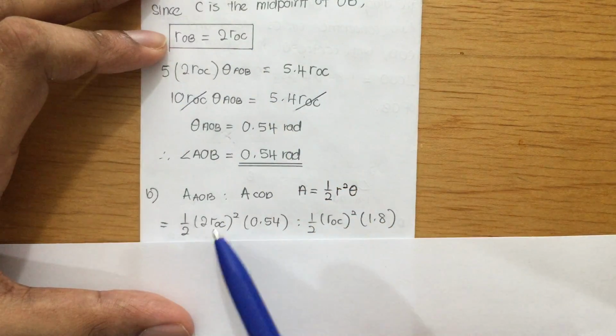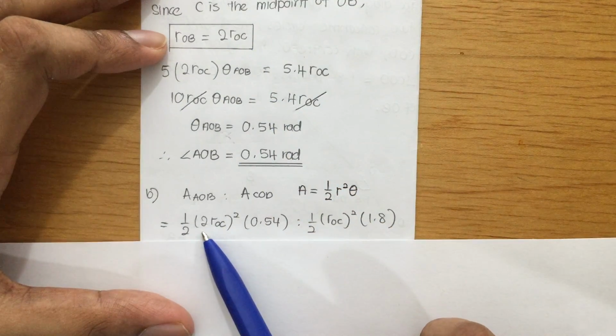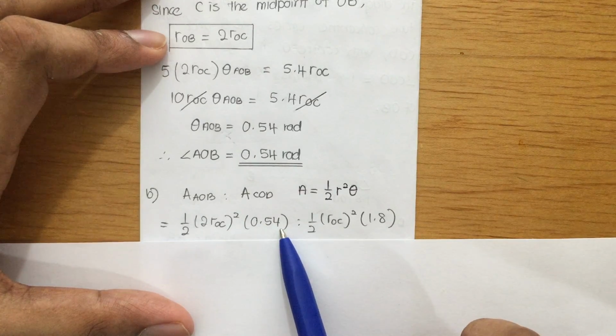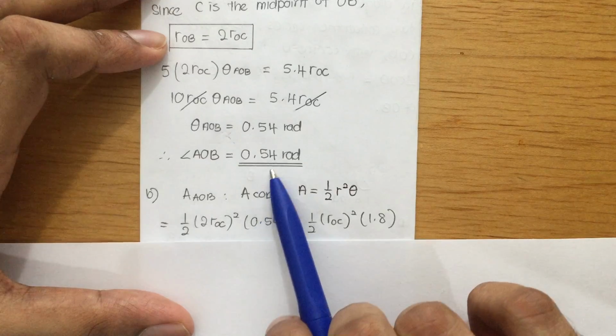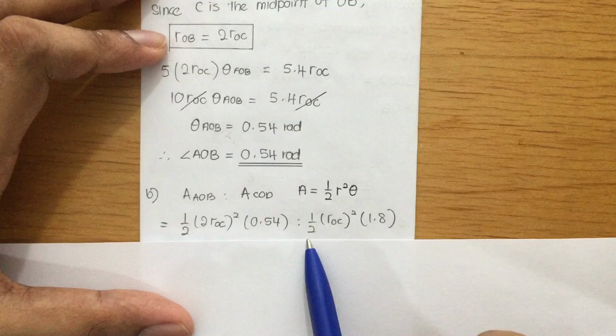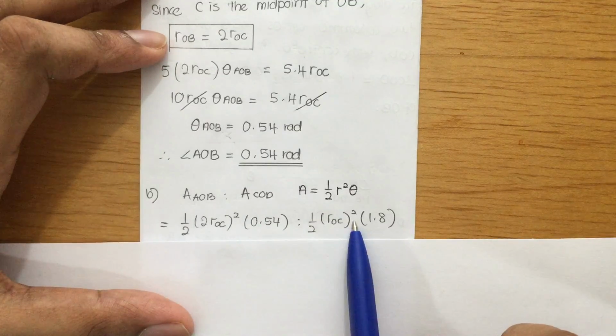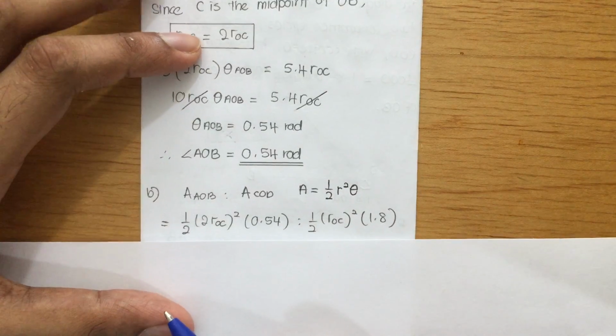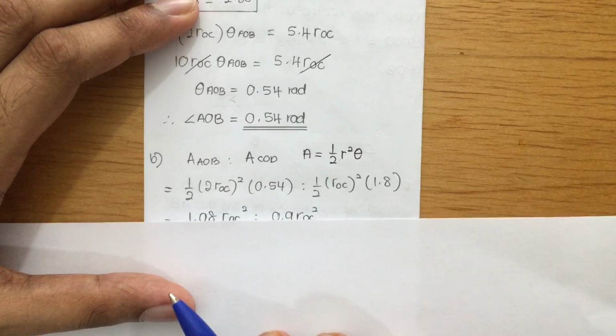So 1 over 2 in a bracket 2 times OC squared times 0.54, which is the angle AOB that we already found in question part A, is to 1 over 2 OC squared times the angle COD, which is 1.8 radian. Okay, proceed to the next step.